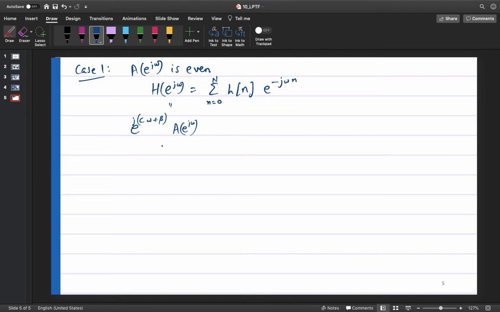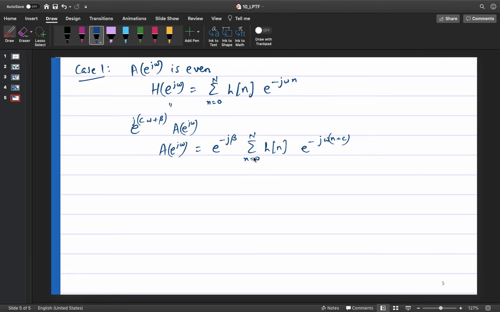A(e^{jω}) becomes equal to e^{-jβ} times the summation of h[n], n equal to 0 to capital N, e^{-jωn}, and remember there is also minus jωc, so this becomes plus c, right?